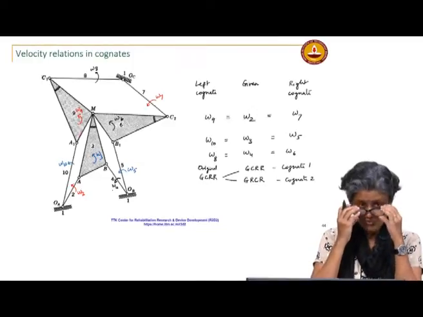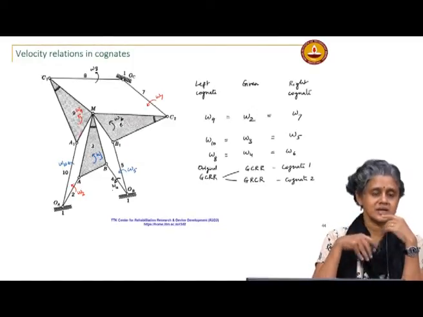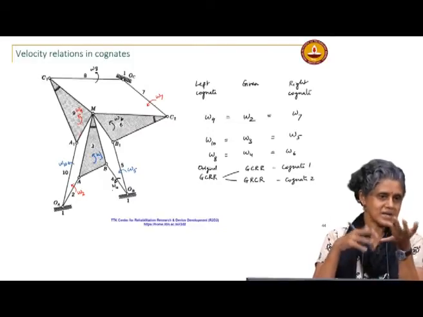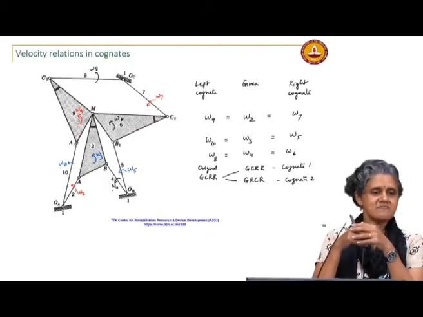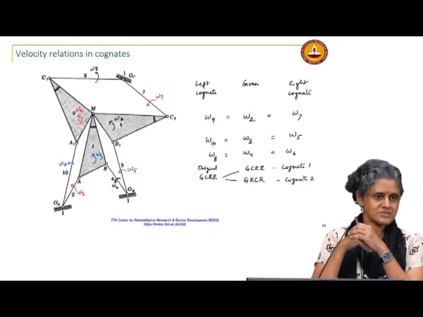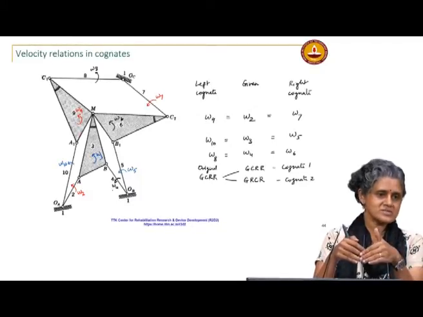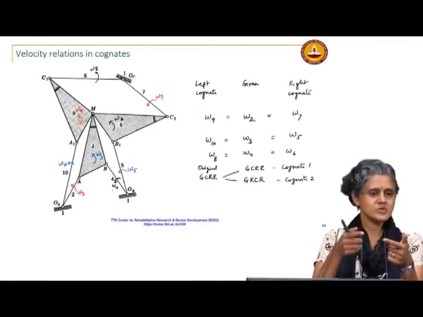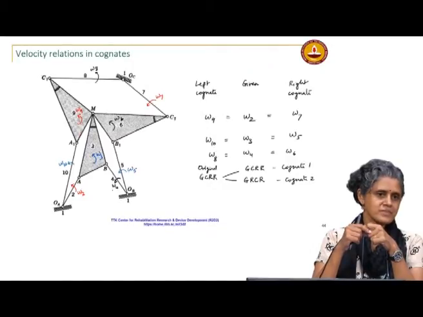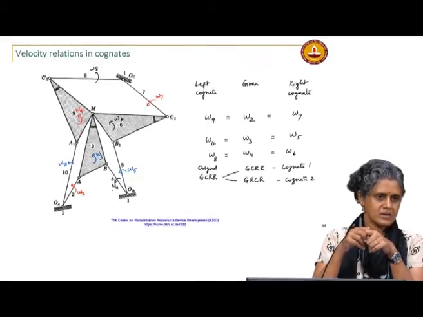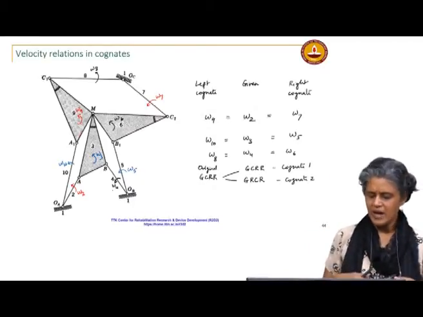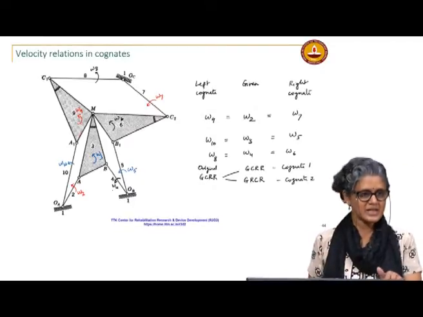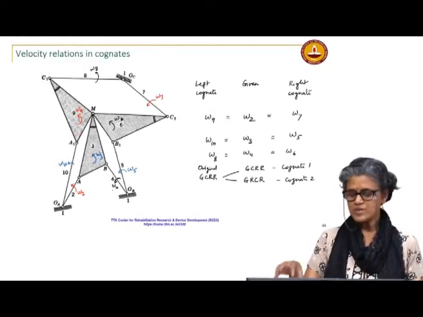See, the cognates have different link lengths from the original linkage. So, you have to determine the cognates before you can say which, and it also depends on which one you give as your input, because it depends on the inversion.